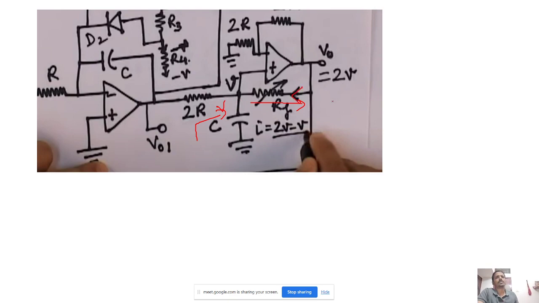But the current here is 2V minus V by RF. So it is just reverse, or V minus 2V by RF means it is minus V by RF. So it is like a negative resistance. And I think sir has drawn that equivalent based on this input V01. So in that case he has assumed this to be grounded. Okay, I think so.